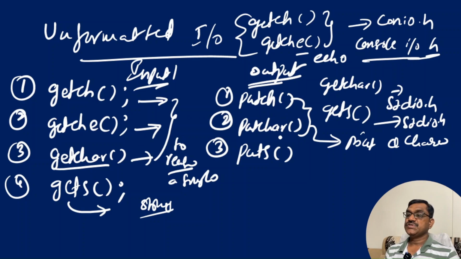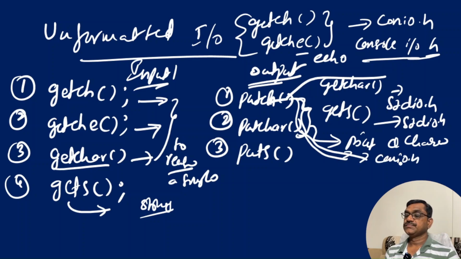And please remember, putch and putchar, these two functions print a character. Putch is available in conio.h, whereas putchar is available in stdio.h.